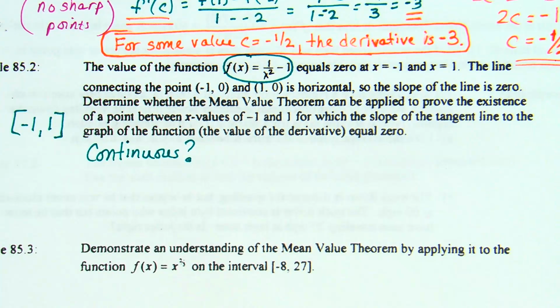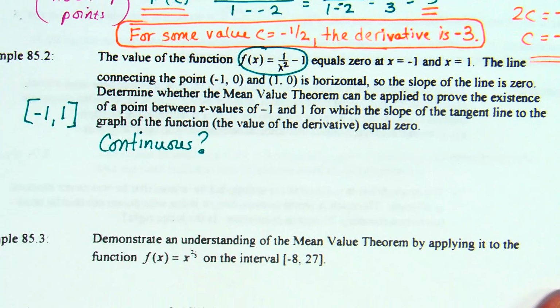So, can the mean value theorem be applied to prove the existence of a point between -1 and 1?